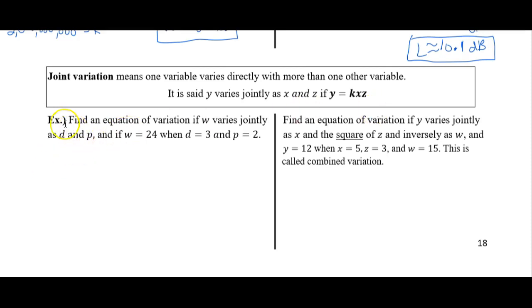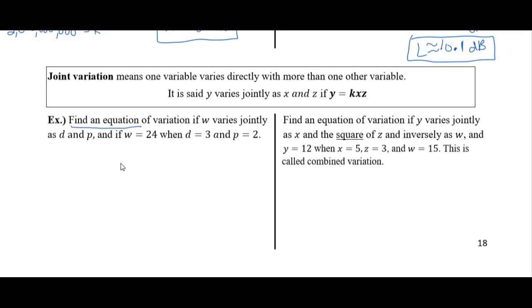Looking at this example, it says find an equation of variation if w varies jointly as d and p, and if w equals 24 when d equals 3 and p equals 2. Alright, so this one is not asking us to solve anything. It just says find an equation.